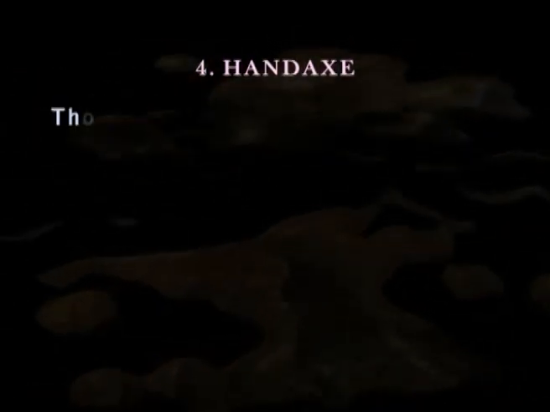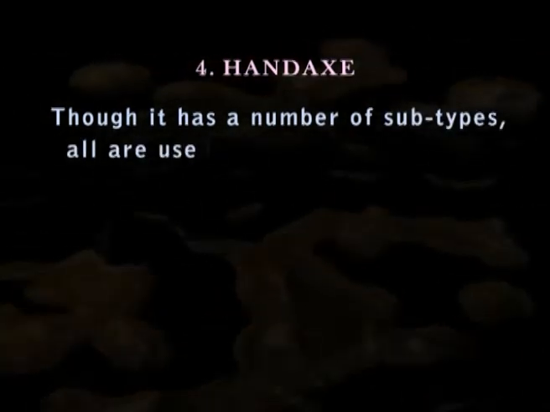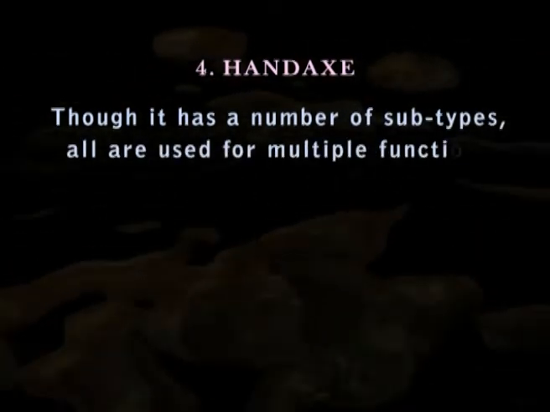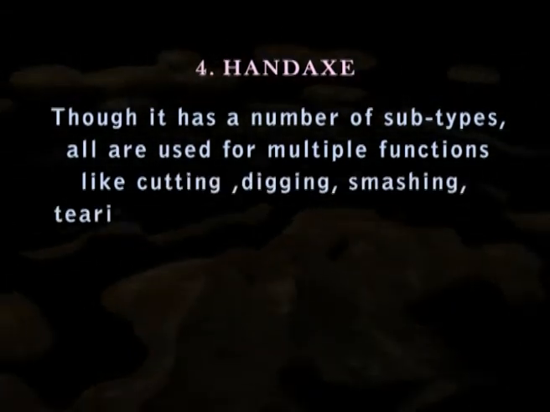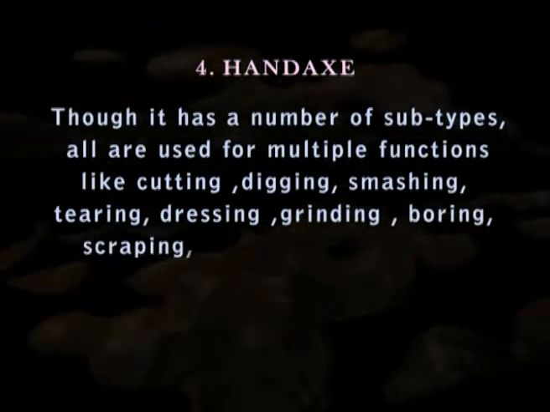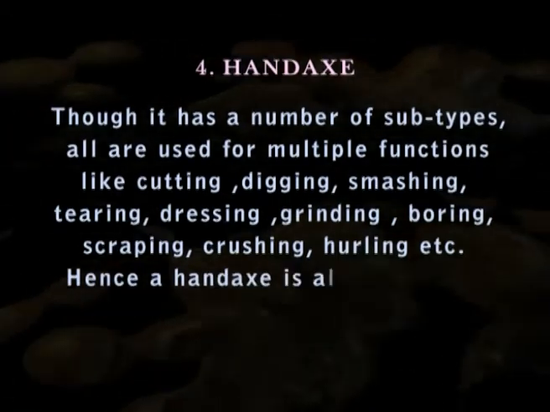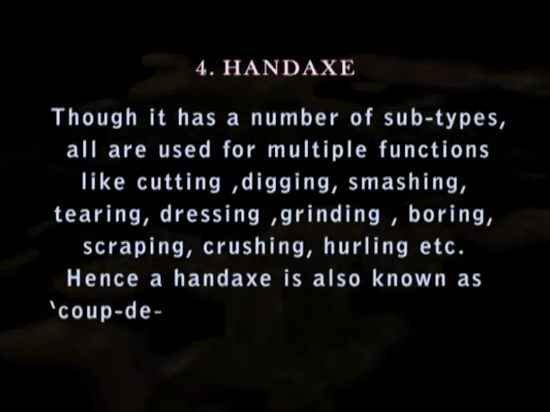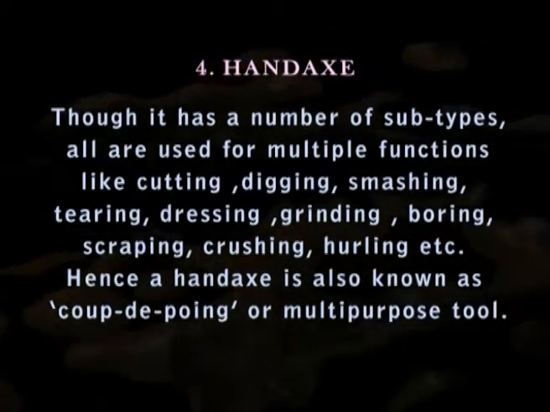Now let us come to the next tool type, that is hand axe. Though it has a number of subtypes, all are used for multiple functions like cutting, digging, smashing, tearing, dressing, grinding, boring, scraping, crushing, hurling, etc. Hence, a hand axe is also known as coup de poing or multi-purpose tool.